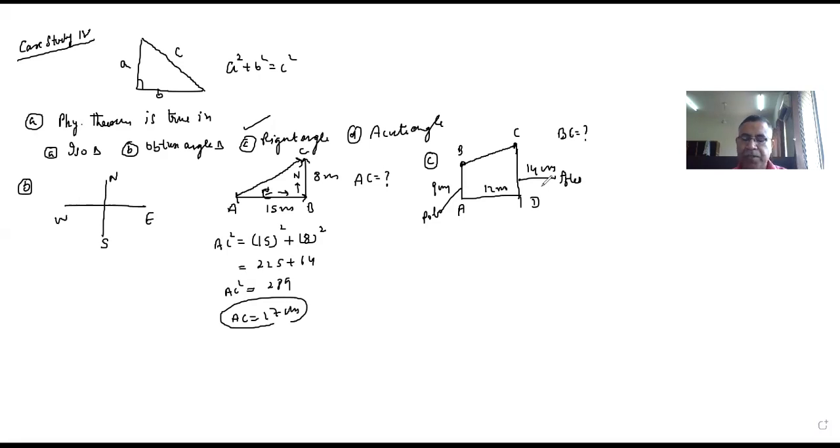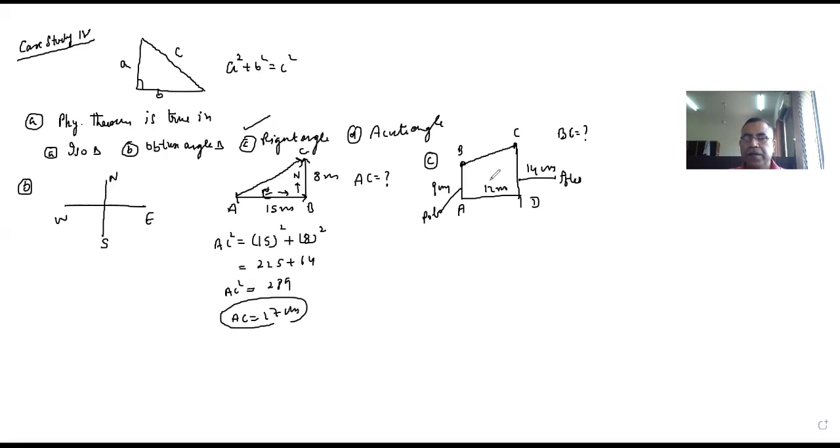Excuse me sir, do we have to construct a line? Yes, you can. Quickly, it is taking a lot of time. So Pratham is saying 13.